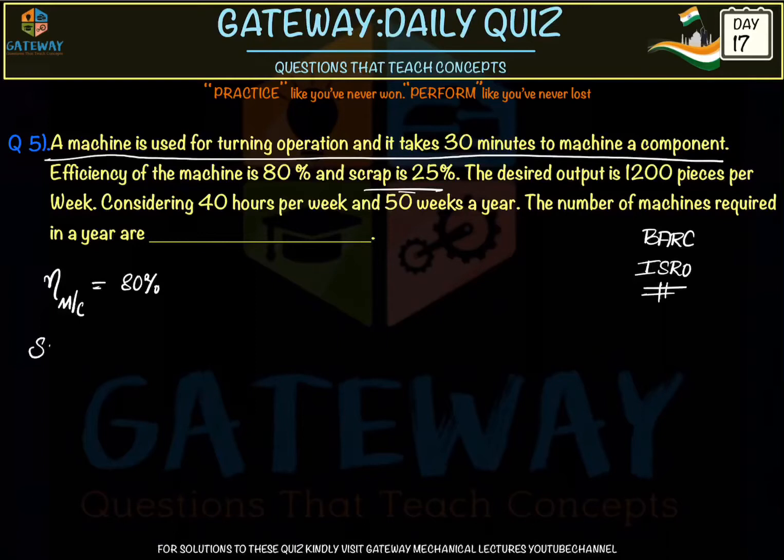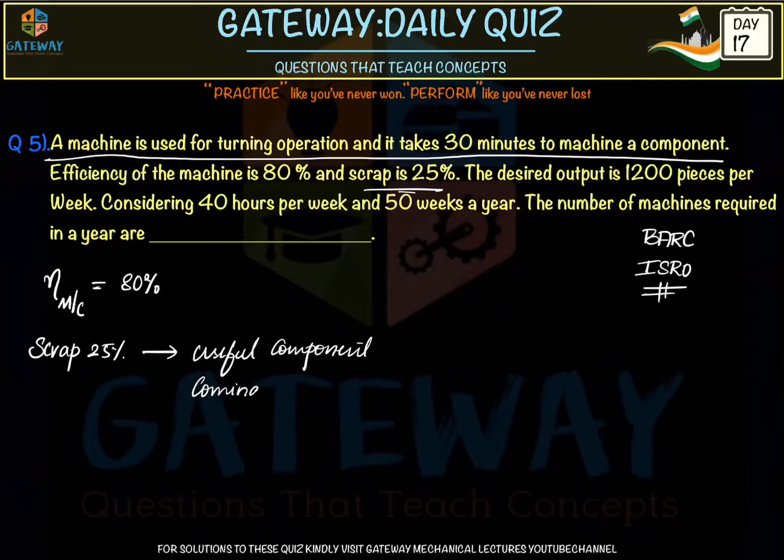So if scrap is 25%, then the useful component coming out of the machine is 75% only. The desired output is 1200 pieces per week.